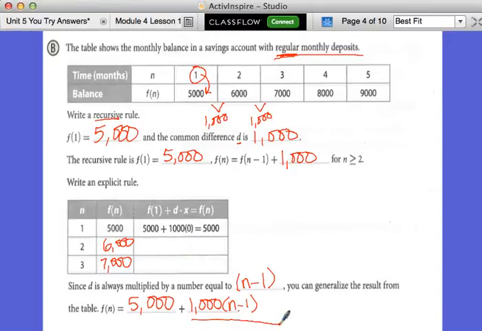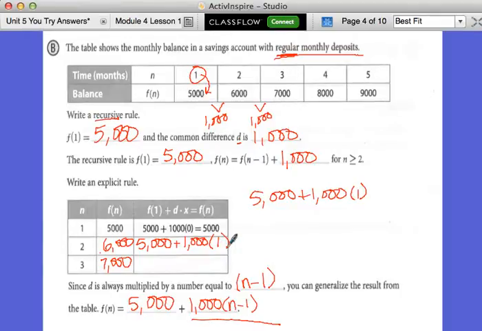So we know that to get this 6,000, I have to do 5,000 plus 1,000. So I need to know, what do I multiply 1,000 by to keep it as 1,000, and I know that is 1.